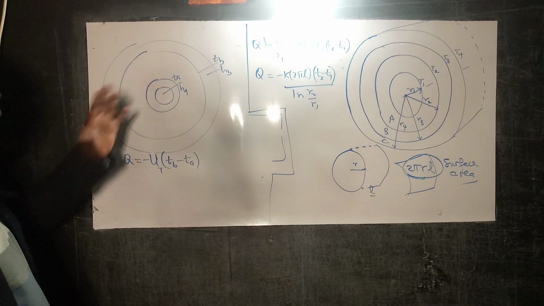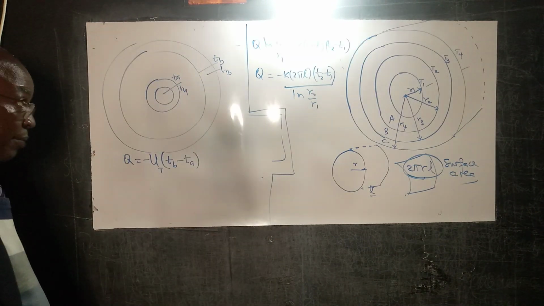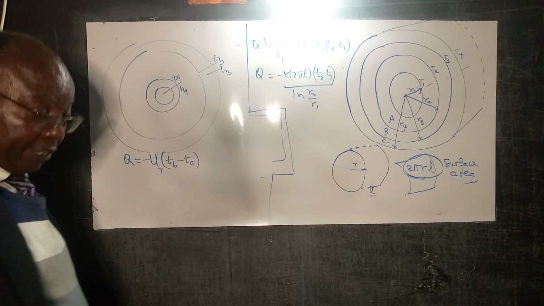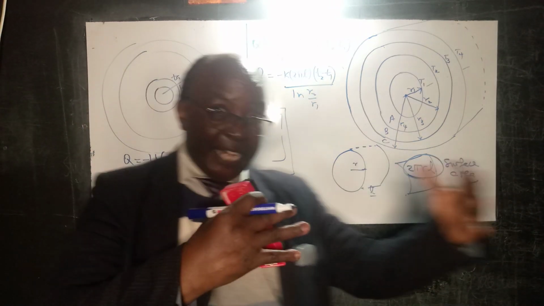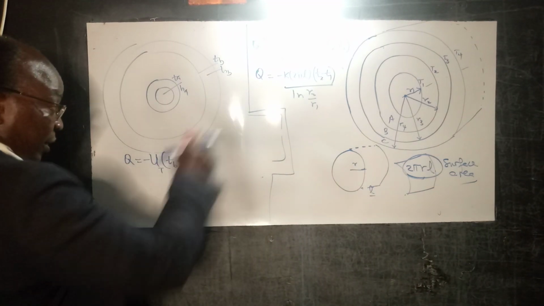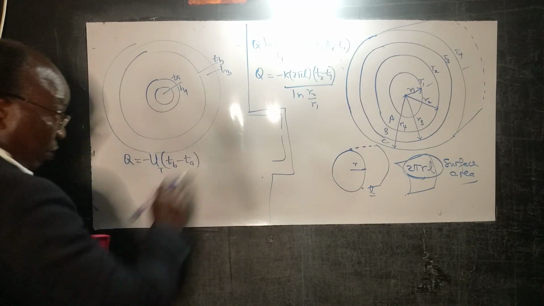The inside temperature is TA, the outside temperature is TB. And of course, you know this overall heat transfer coefficient is a summation of several of those coefficients.